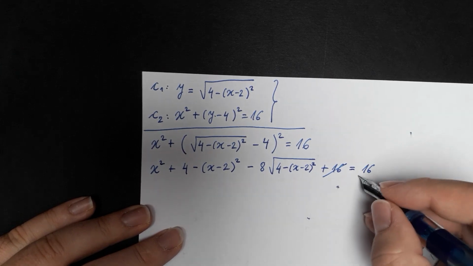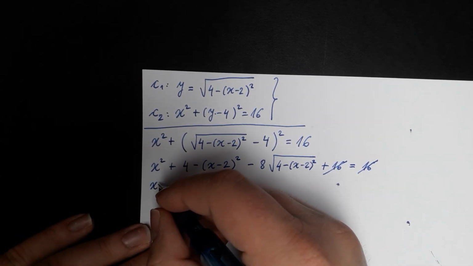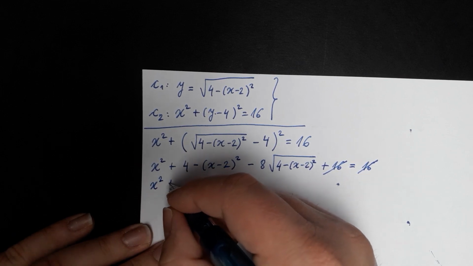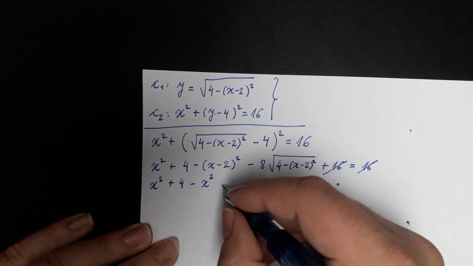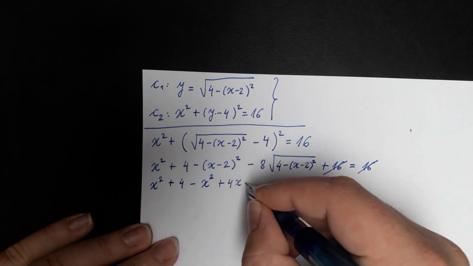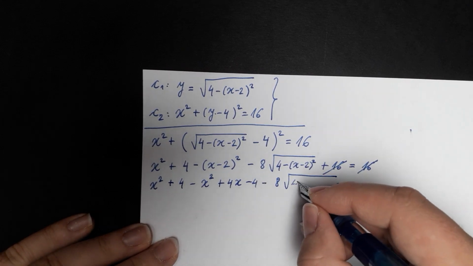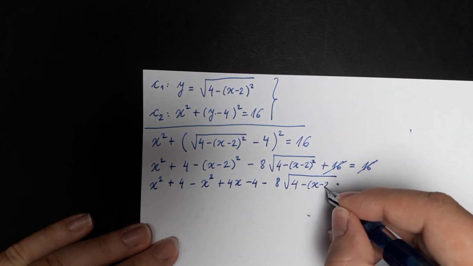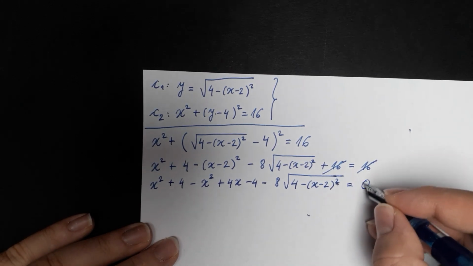And we can cancel out the 16s. This leaves us with x squared plus 4 minus x squared plus 4x minus 4 minus 8 times the square root of 4 minus (x minus 2) squared equal to 0.